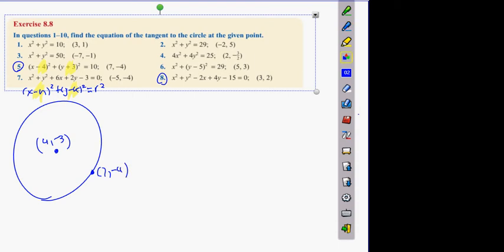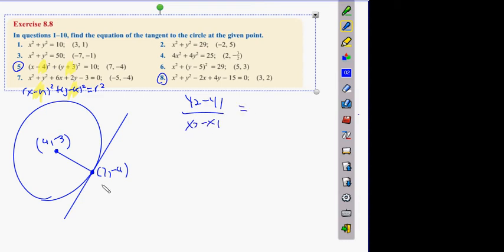Now, to find the equation of a tangent, you can do it like this, and you have a line here like that, and what you can do is get the slope from this point to this one. So we're going to get y2 minus y1 over x2 minus x1.